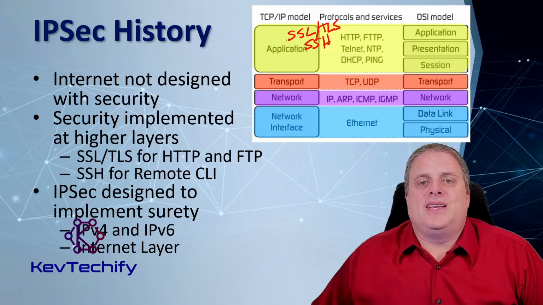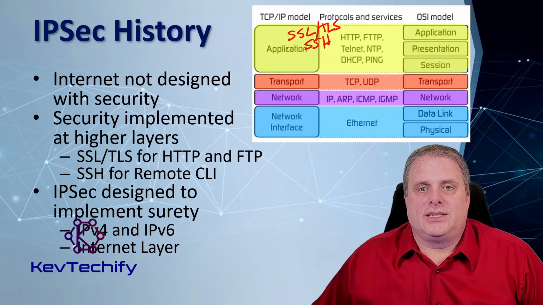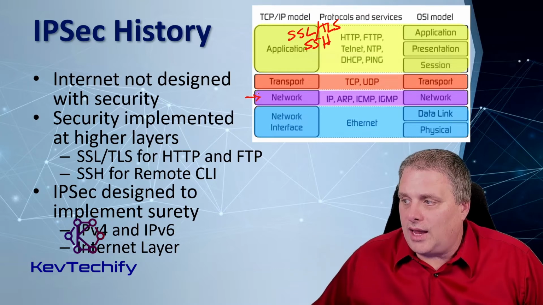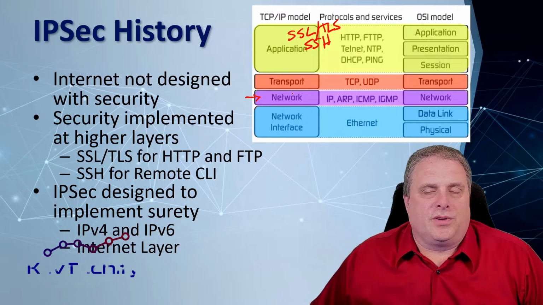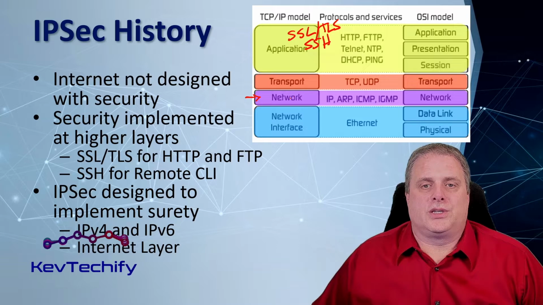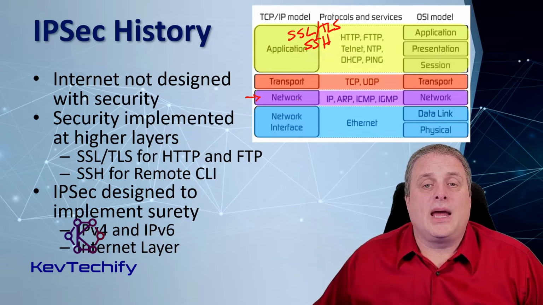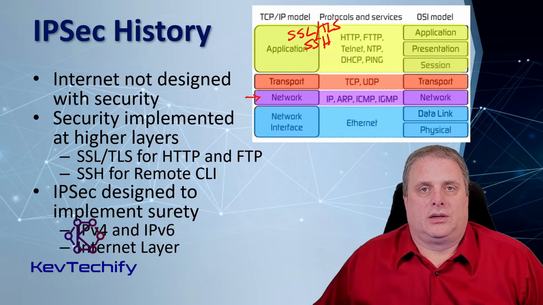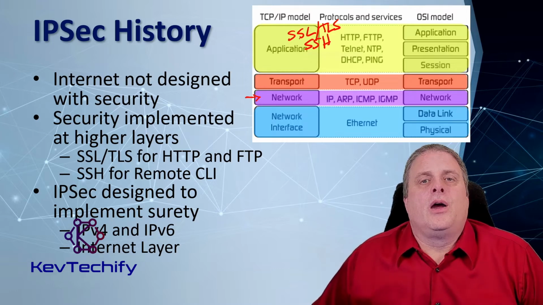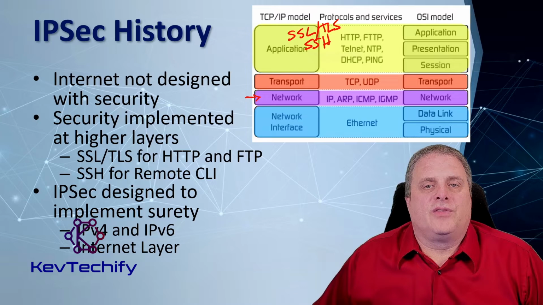Now, IPsec is designed to come in at the network layer. When it comes in at the network layer, we can use it for either IP version 4 or IP version 6, but because we're on this network layer, everything above it is secure. Now, when we say it is secure, we mean that the transfer of the data is secure.